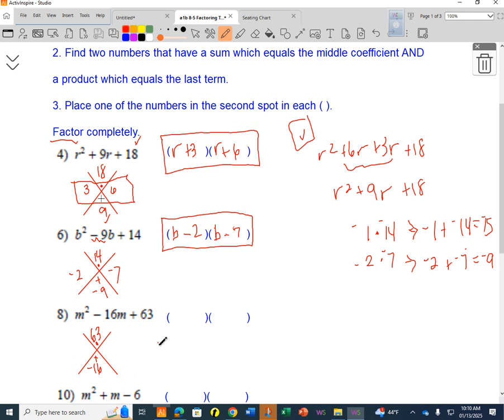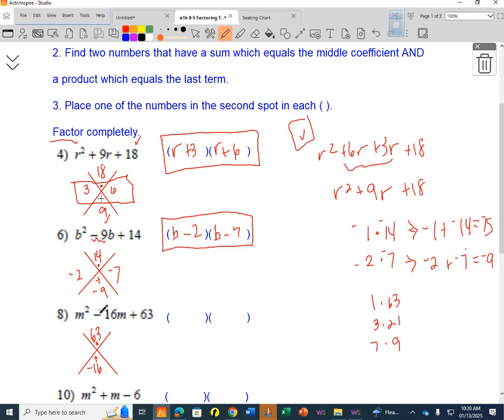So once again, we've got a positive last, so we know we're going to have two negatives. So when we find our factors of 63, we're going to make them both negative. Right, so factors of 63: 1 and 63, 3 and 21, 7 and 9. I think that's it, right?